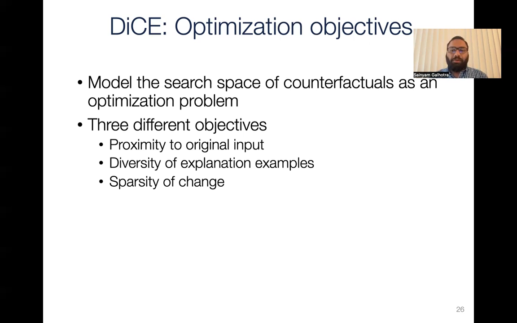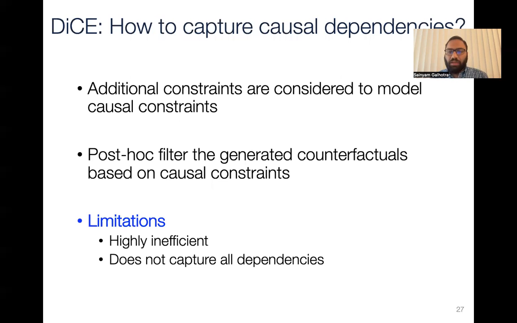This optimization problem is good enough to generate diverse explanations, but until now, we have not captured causal dependencies anywhere. Let us see how we can capture those. This approach captures causal constraints as additional constraints in the optimization problem and post-processes the output to ensure that it satisfies the causal dependency.